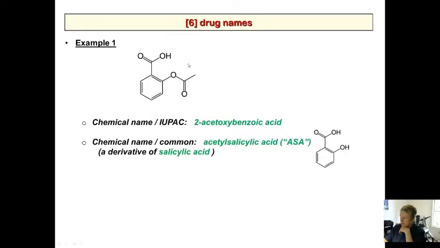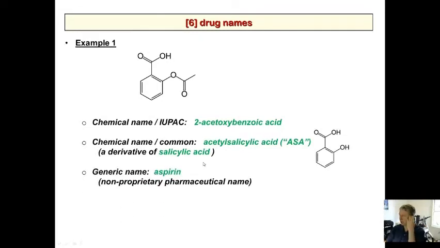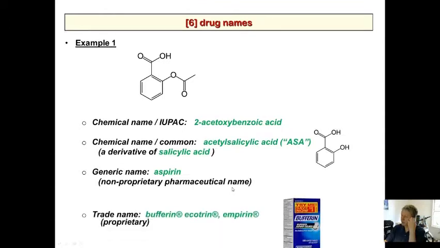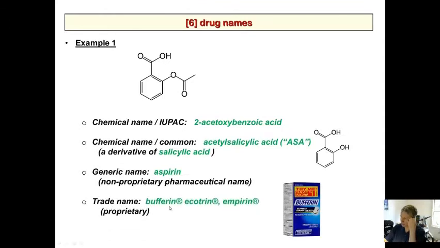It's a derivative of salicylic acid. The generic name is aspirin, the non-proprietary pharmaceutical name. So this is the name you're familiar with, but it also has trade names, such as Bufferin, Ecotrin, and Aspirin, which are proprietary company names. Bufferin you might be able to buy at the store.